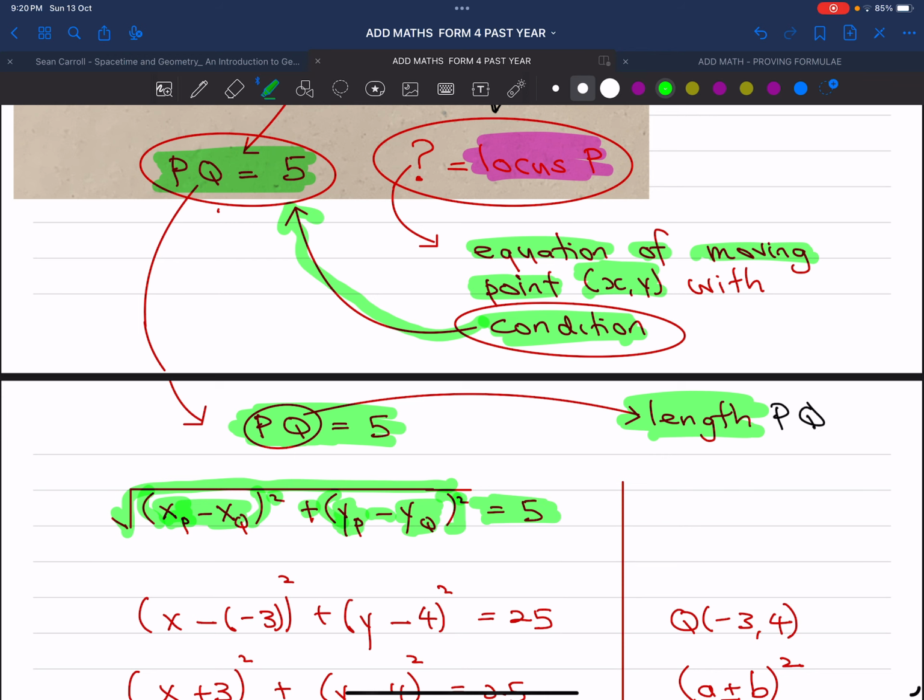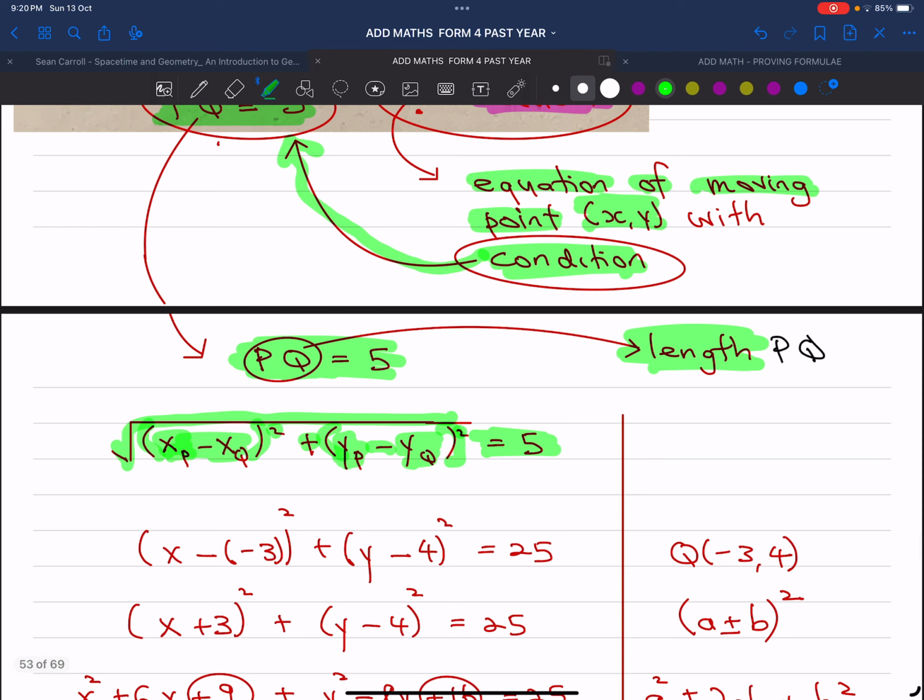You must start with the coordinate of the moving point P, which is x_P, y_P, easier.